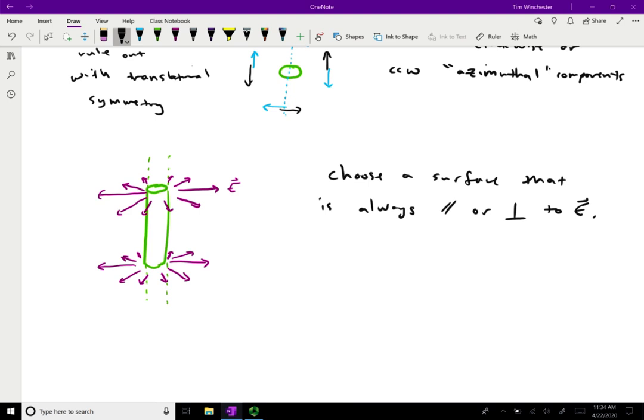And there may be more than one choice, but in this case, the most straightforward surface that we can use is going to be a cylinder. So what I'm going to do is I'm going to have the cylinder centered on the rod like this.